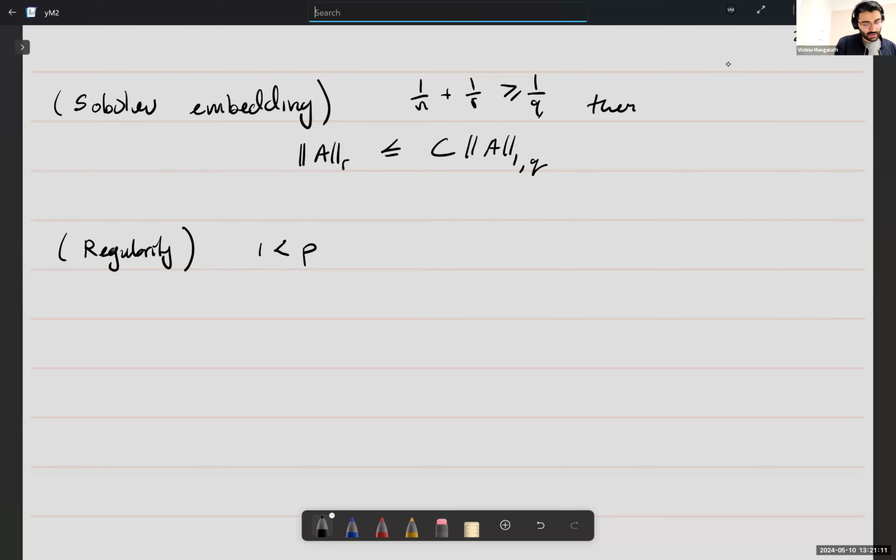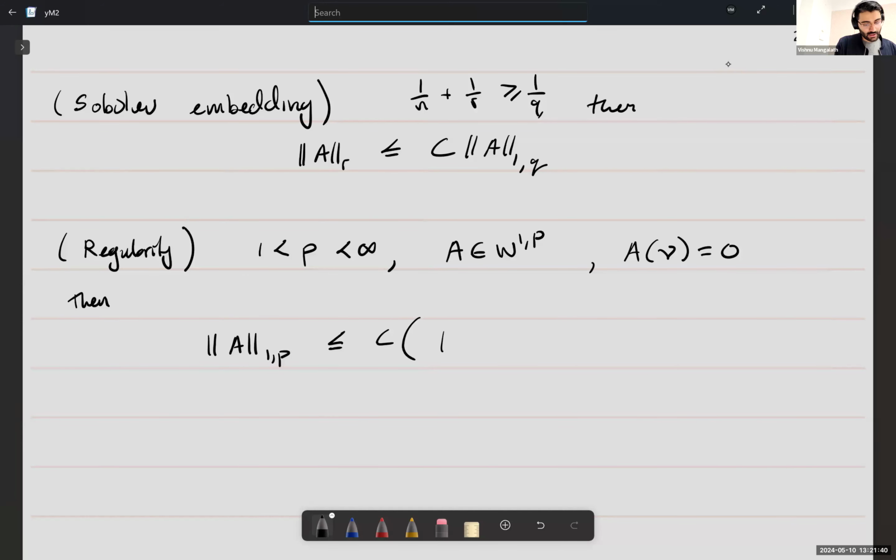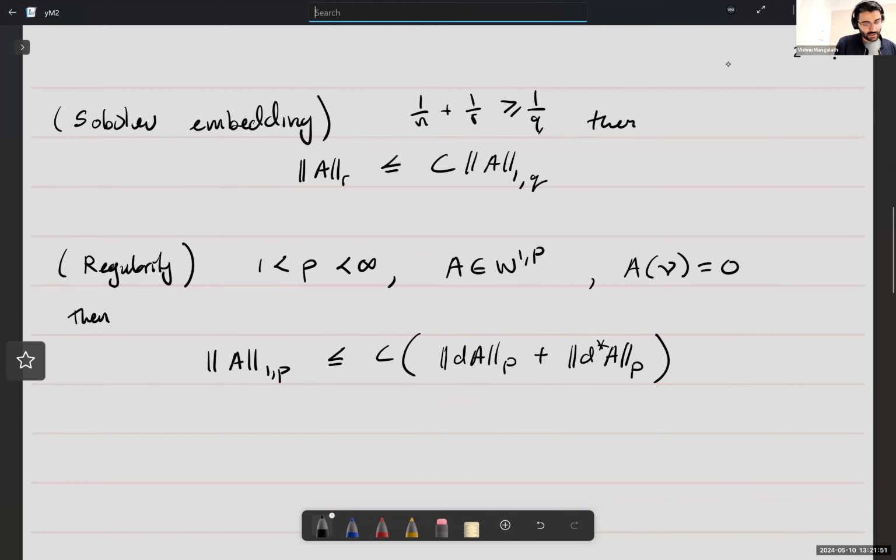So for 1 less than P less than infinity, if A is in W^{1,P} and A vanishes on the boundary, vanishes in the normal direction, then we get that the W^{1,P} norm of A is less than or equal to C times the L^P norm of dA plus the L^P norm of d star A. Those are the main two things that we'll need.